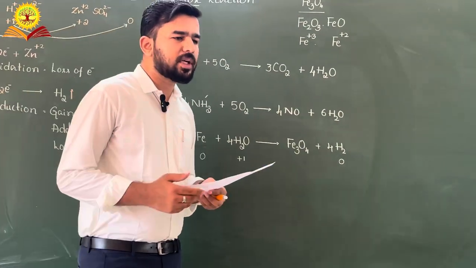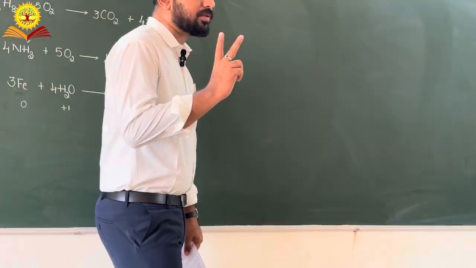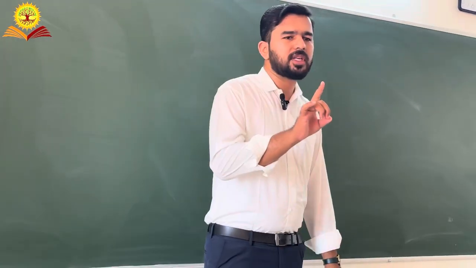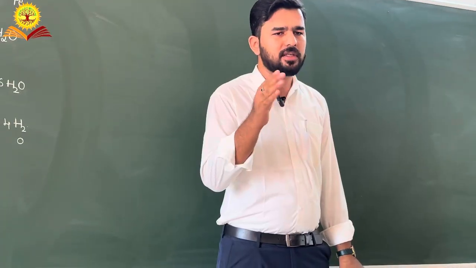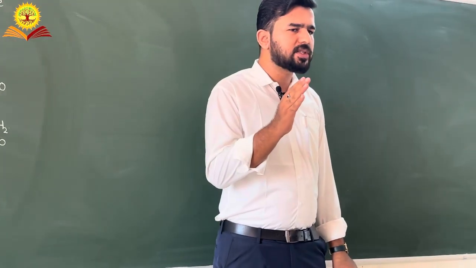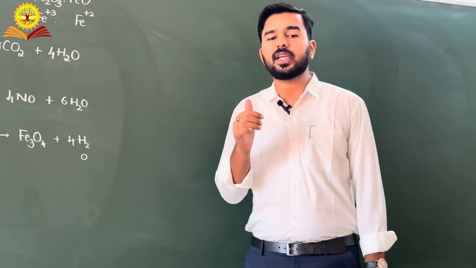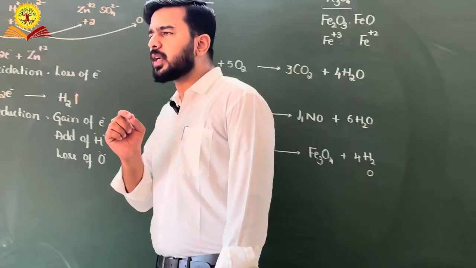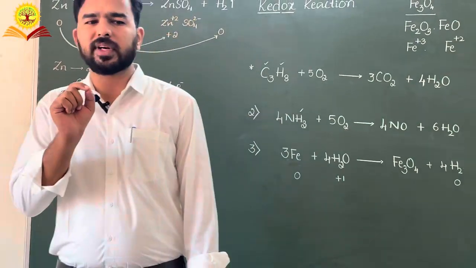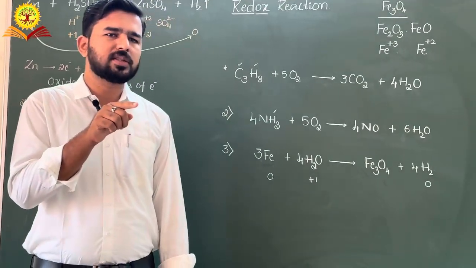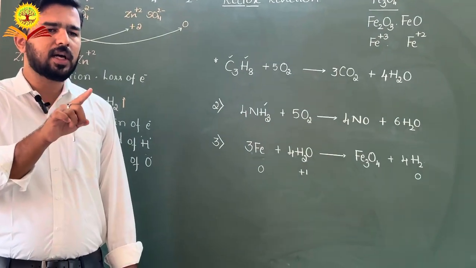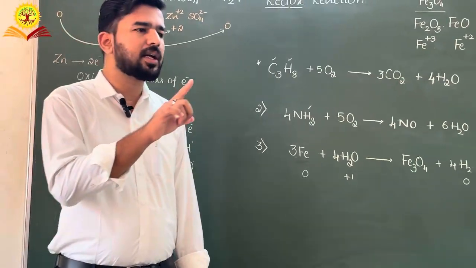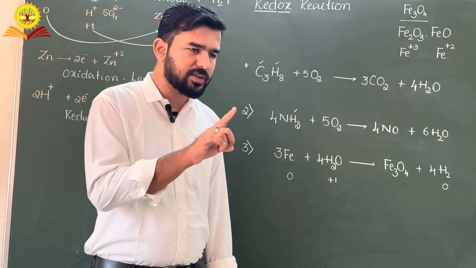With respect to heat, in the last class we discussed two types of reaction. One is exothermic, another one is endothermic. Exothermic reactions are the ones in which heat is liberated or released. Endothermic reactions are the ones in which heat is absorbed. Exothermic reactions are the ones in which the enthalpy of the products is always less than the enthalpy of the reactants.